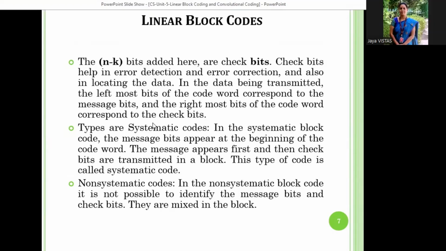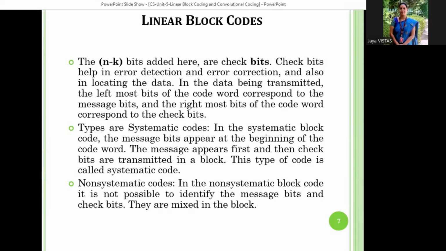In the linear block code, there are two types of codes available. The first one is the systematic code. The second one is the non-systematic code. In systematic codes, the message bits appear in the beginning of the code word, that means the leftmost part of the code word.